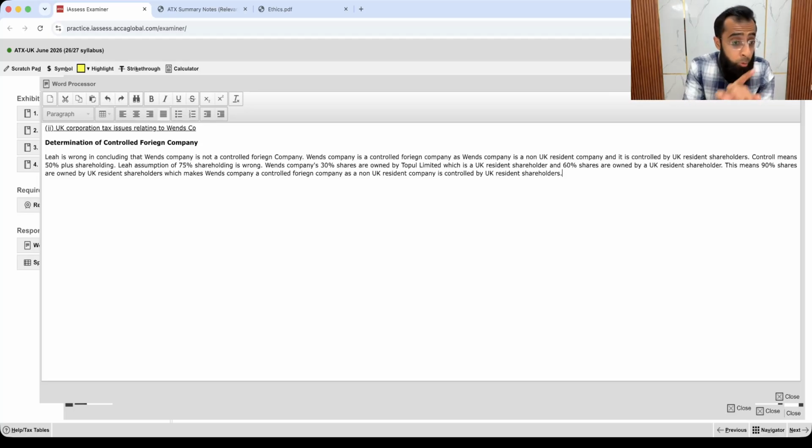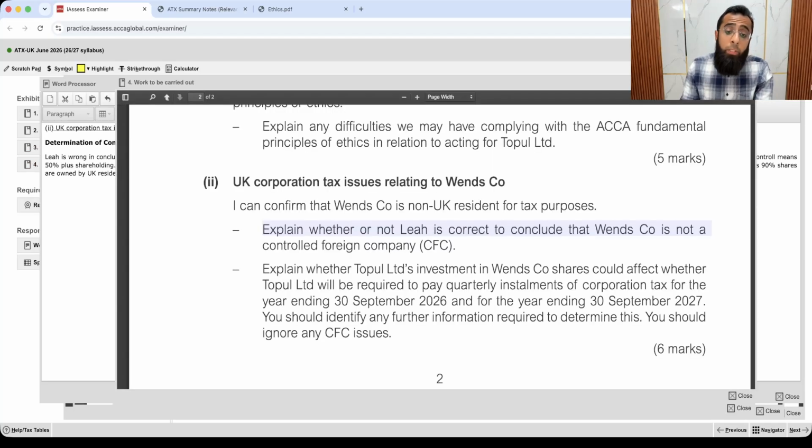So Lee is wrong. Vents company is a controlled foreign company because 50% plus shares are owned by UK resident shareholders. So first of all, explain whether or not Lee is correct to conclude: no, he is wrong. Then explain whether Topul Limited's investment in Vents company shares could affect whether Topul Limited would be required to pay quarterly installments of corporate tax for the year ended 30th September 26 and for the year ended 30th September 27.